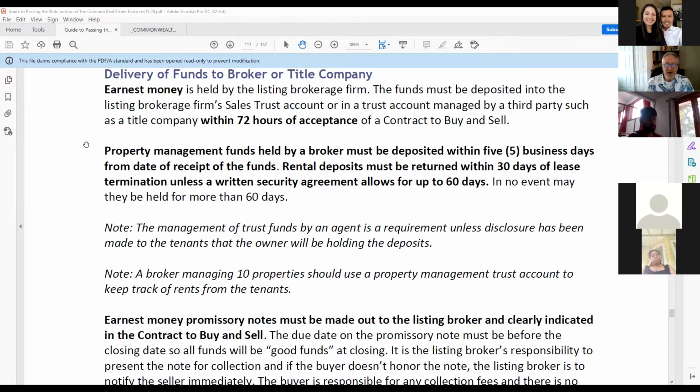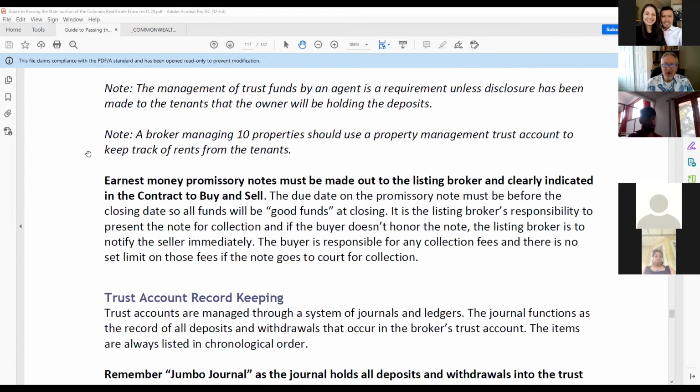Earnest money promissory notes must be made out to the listing broker and clearly indicated in the contract to buy and sell. So they've got to be made out before the closing date, so it's going to be good funds at closing. You can't make the earnest money promissory note collectible on the closing date, because you've got to have it the day before.